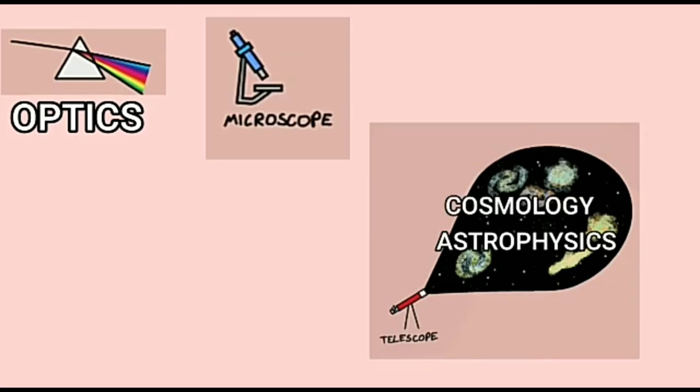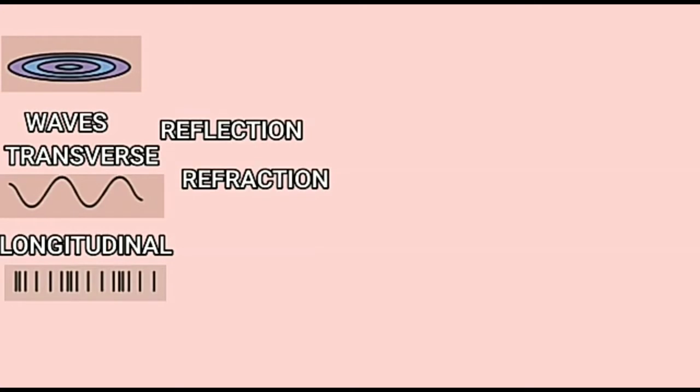Optics is closely related to the theory of waves, which is basically how energy can travel through the structure of a medium, like ripples on the surface of a pond or sound through the air. Light does not need a medium to travel through. It can travel through the vacuum of space, but it still follows the same principles as all waves, namely reflection, refraction, and diffraction.